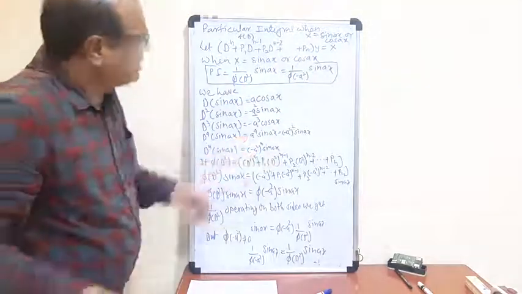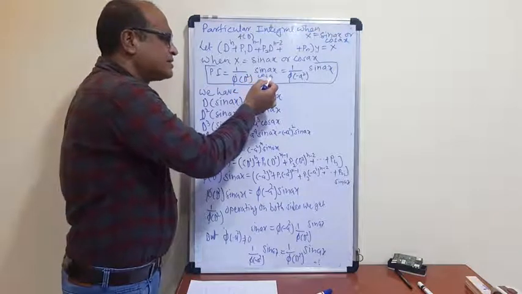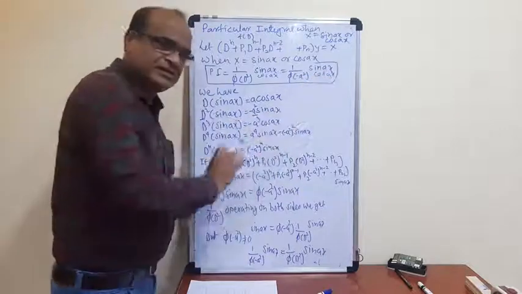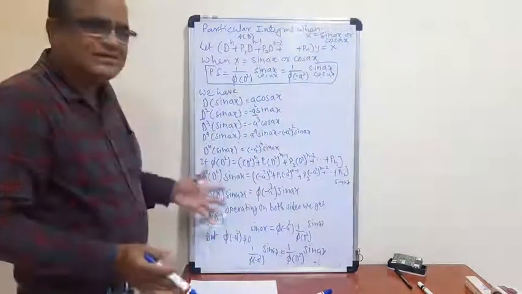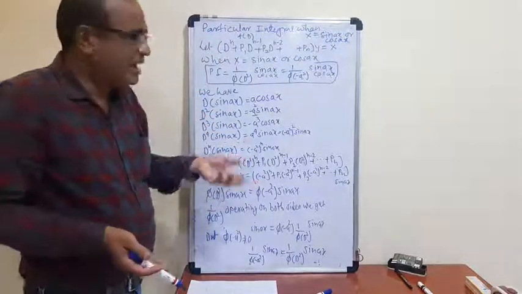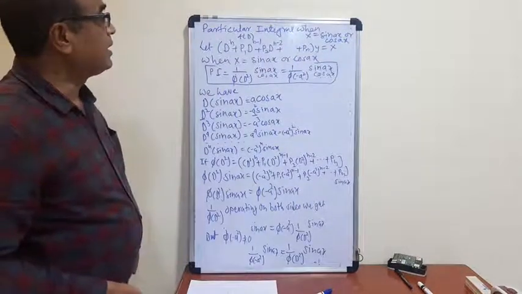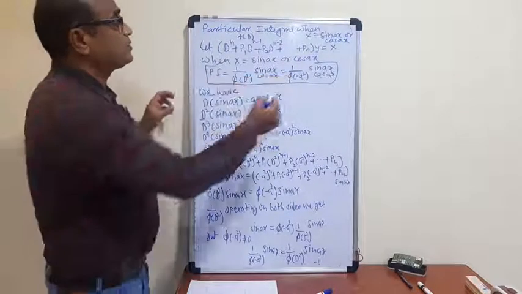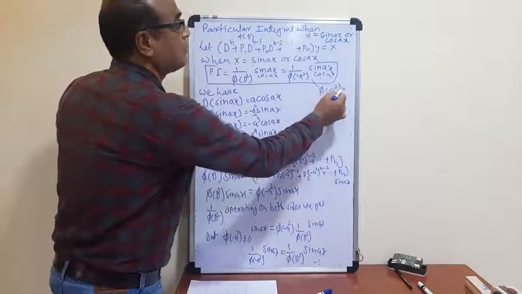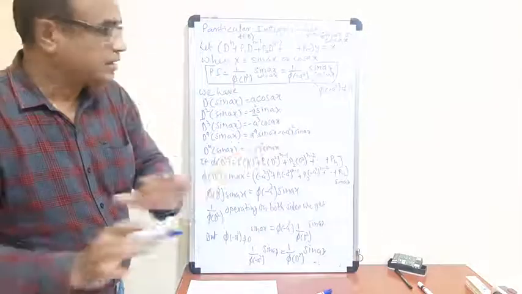Similarly, when x is cos x, the same result holds, and you can prove it easily. So this is the particular integral when phi of minus a square is not equal to 0.